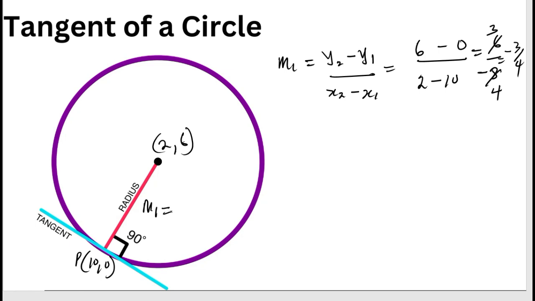Now, if m1 is minus 3 over 4, from my condition of perpendicularity, m1 times m2 should be equal to minus 1.